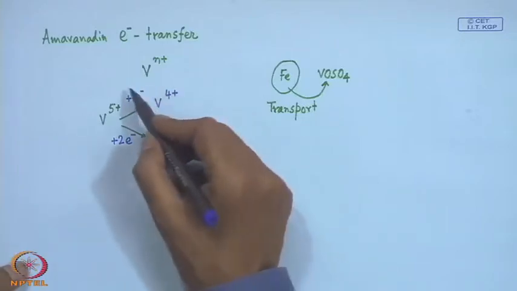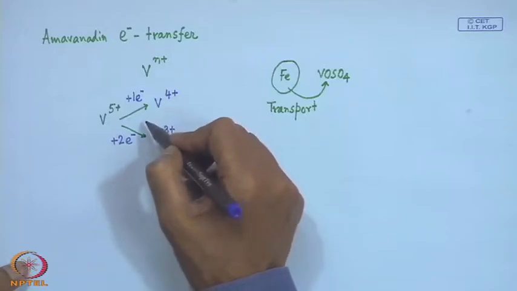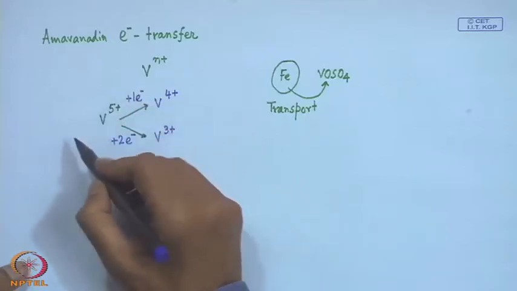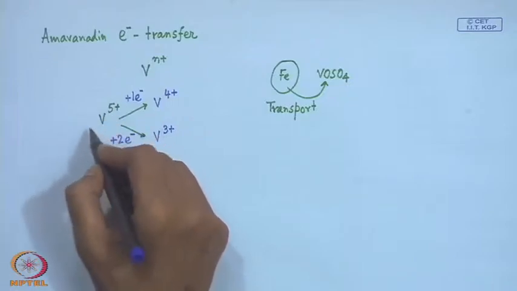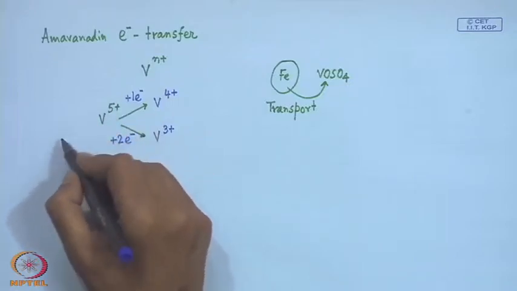So, there should be some available reducing agents which can reduce directly the vanadium available in the seawater in +5 oxidation state.